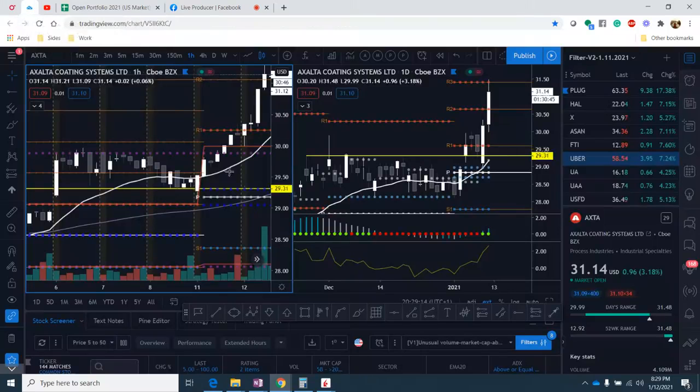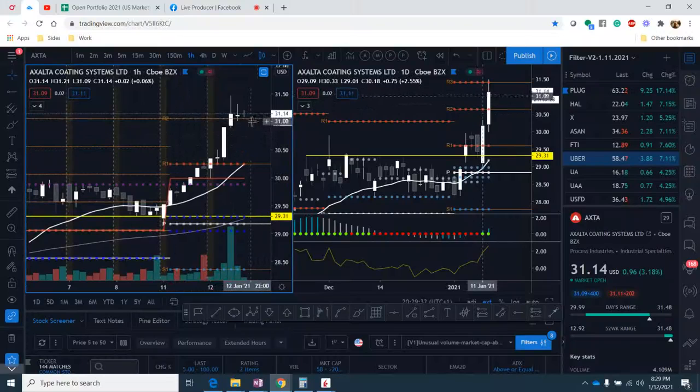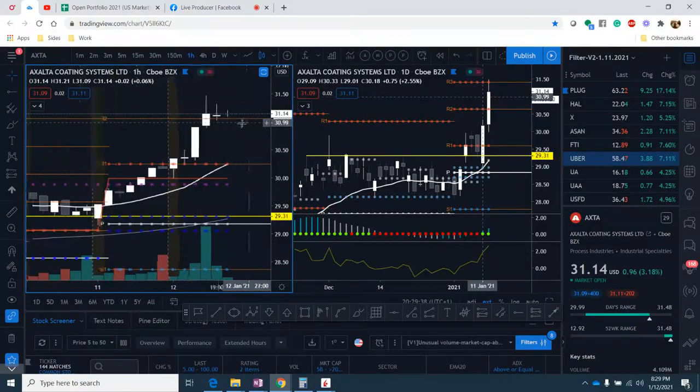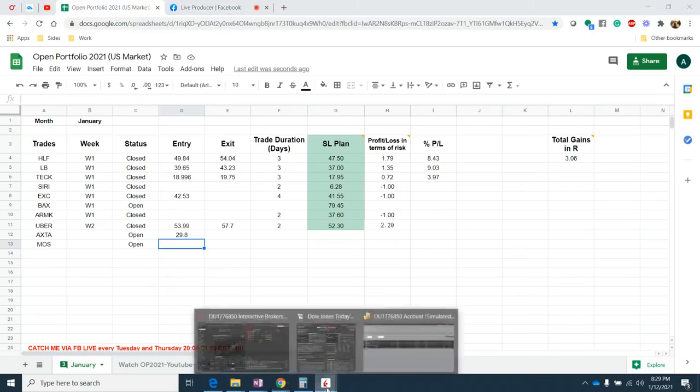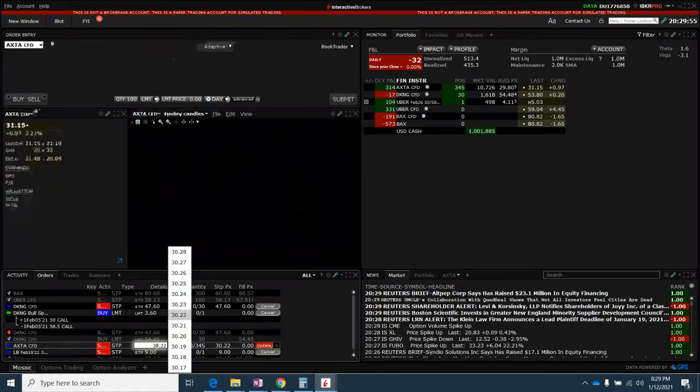Currently, the price is at 31.14. I will now trail my stop just below this R2, so around 30.97, just to lock in my gains. 30.97. So Axta, 30.97.